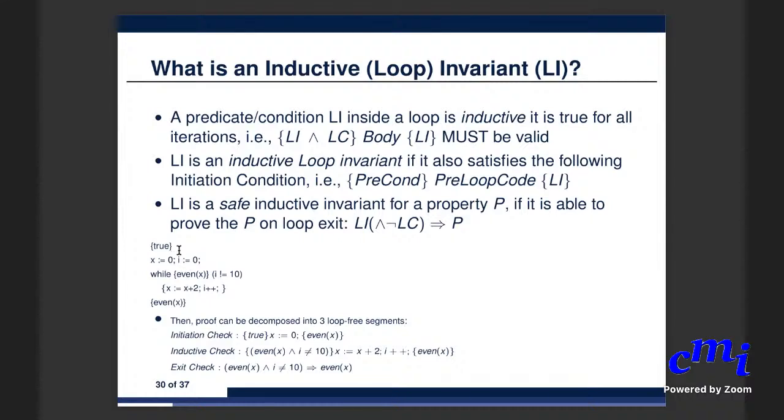because an invariant is a property which requires that for the program, every execution starting from the entry point to that point at which Li is associated, Li has to be true.